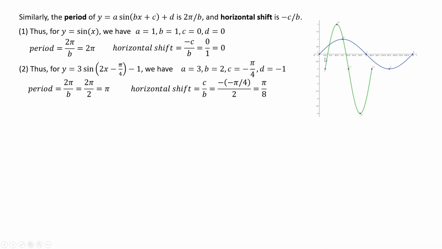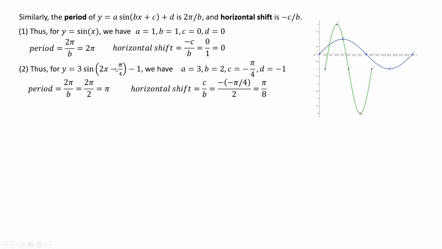By how much? By pi over 8, which is precisely what we are saying is the horizontal shift. In fact, it's not just the point A that has been shifted, the whole graph has been shifted to the right by an amount equal to pi over 8. Every point on the graph has been shifted by an amount equal to pi over 8.